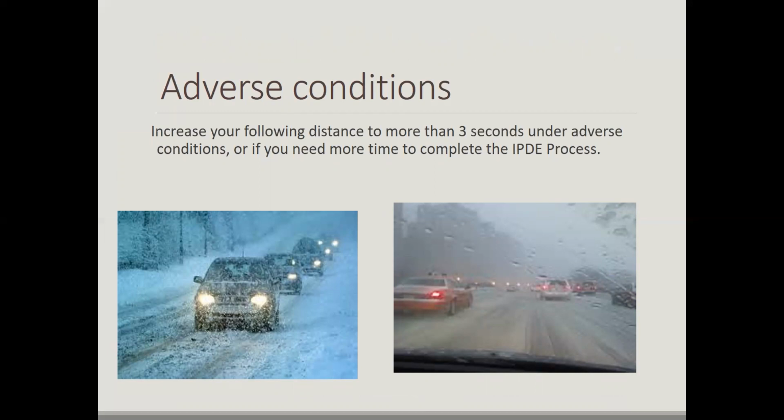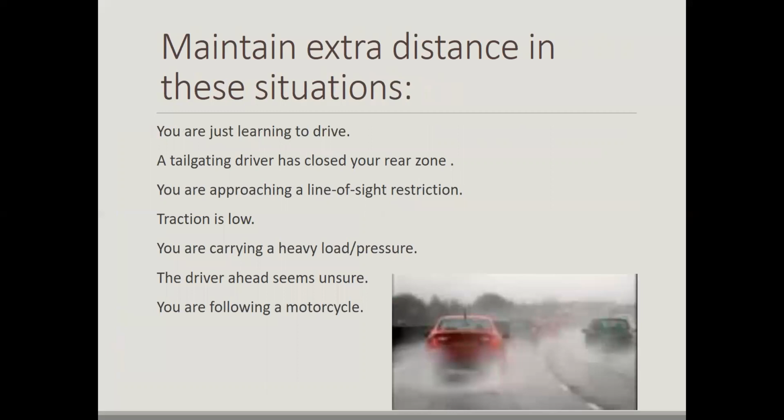So we're talking about a 4, 5, maybe 6-second following distance, depending on the weather. You can't drive on a street in January with ice and snow like you can in July. It's totally different. If you pull up to a stop sign traveling like you could in July, you're going to run into the car in front of you. So maintain extra distance in these situations.